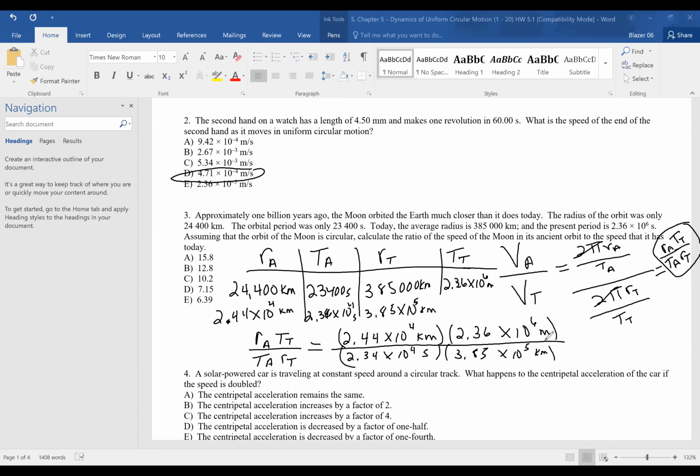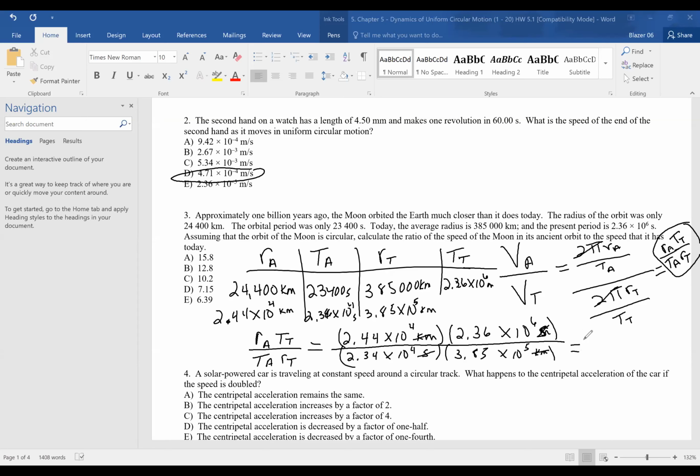So you notice I didn't do anything to the units because in a ratio, the units will cancel. Oh, what I have wrong right here, class, this is seconds, T sub T, that's seconds. That cancels that one, okay?